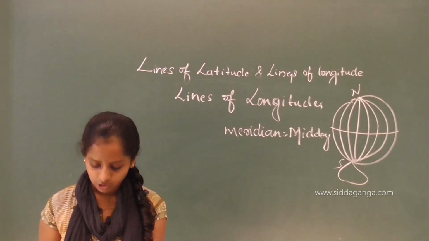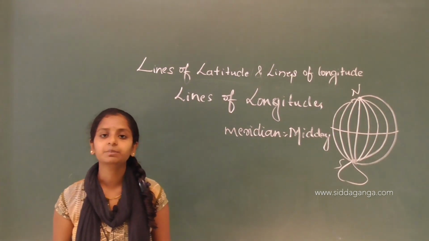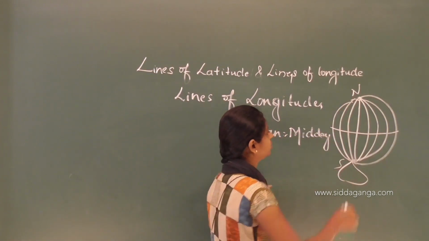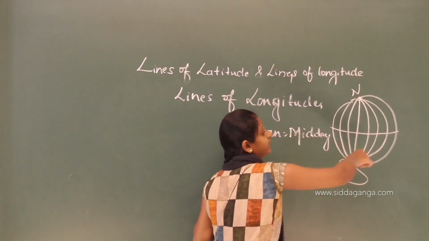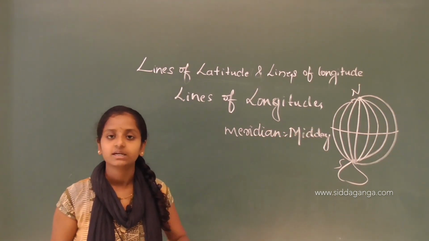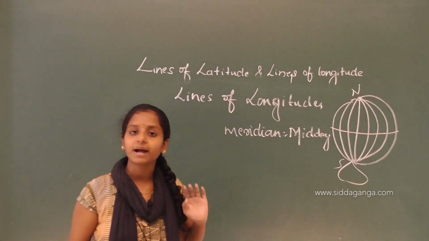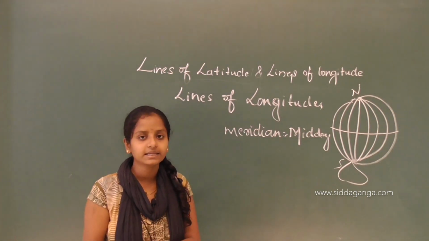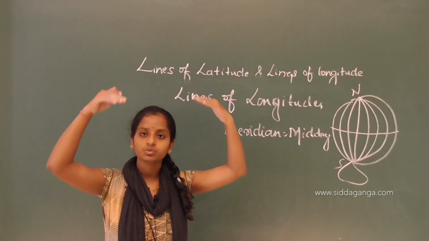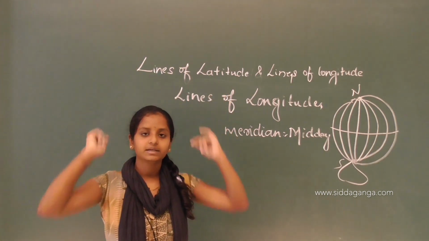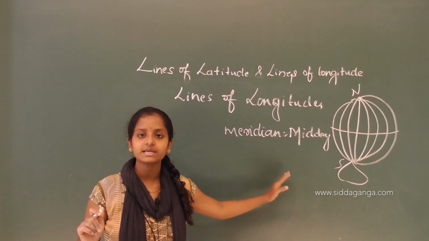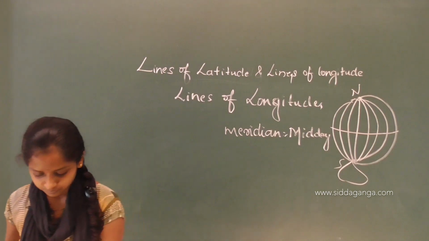The lines of longitudes are same in length. But we have seen the latitudes or parallels will vary in length, right? Equator will be very big, and from equator to the poles the length will be decreasing, but here these meridians will be same in length.